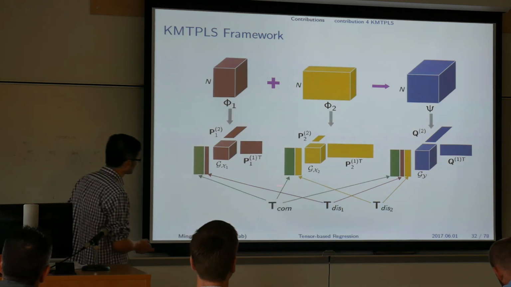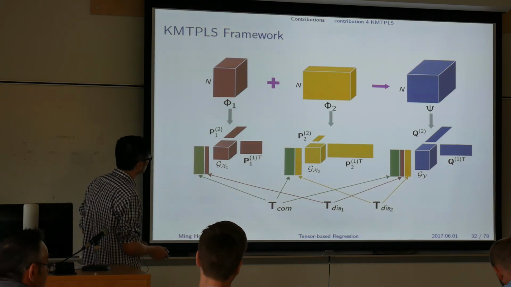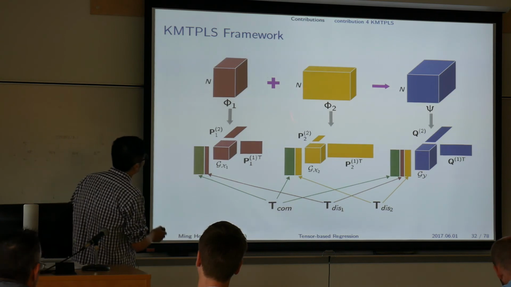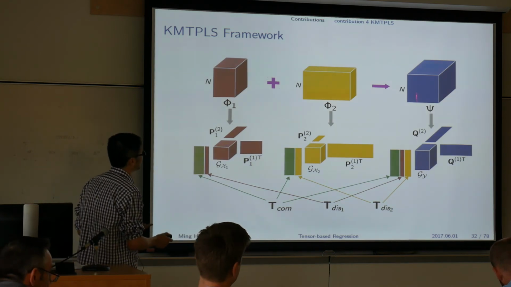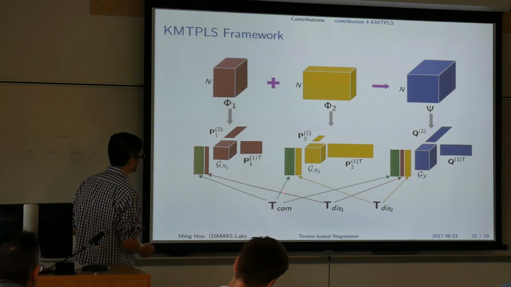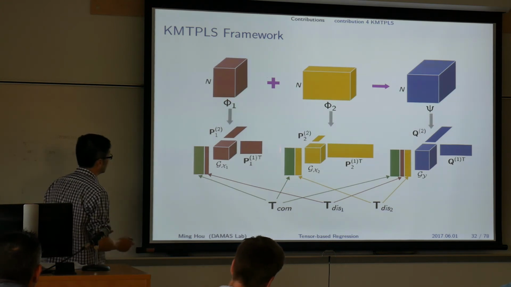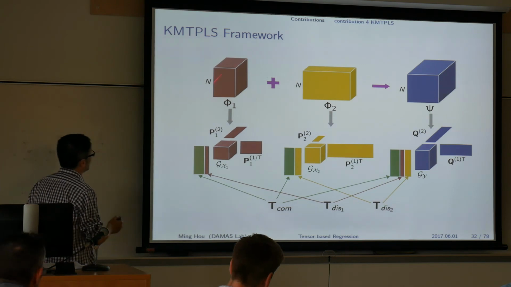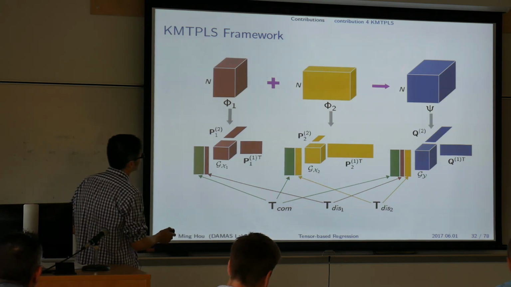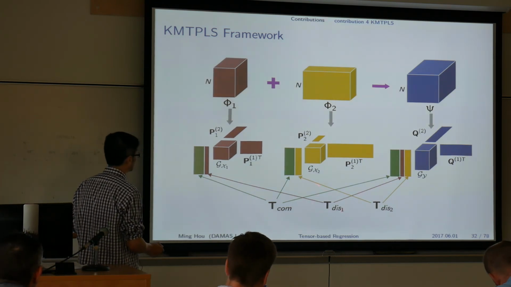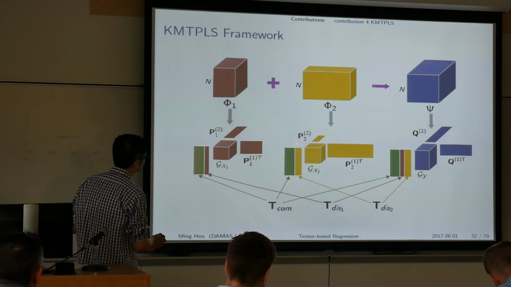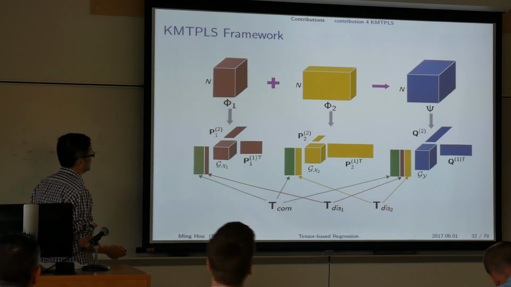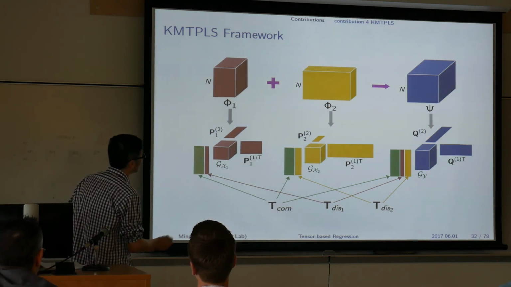And so by doing it this way, phi1 and phi2 can simultaneously correlate with psi by having the largest covariance between these latent vectors in green, and phi1 can singly correlate with psi by having the largest covariance between the latent factors in red, and the same thing happens for phi2 and psi.